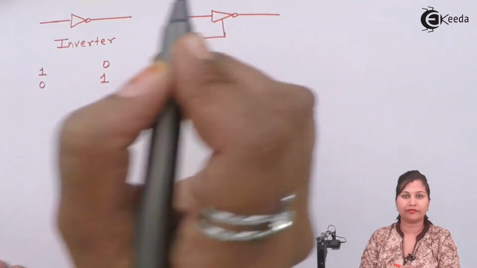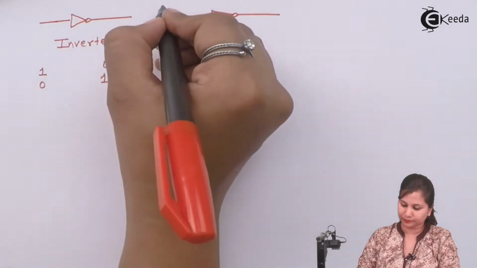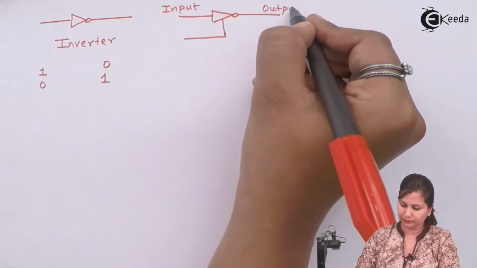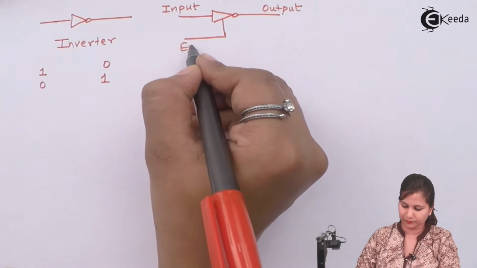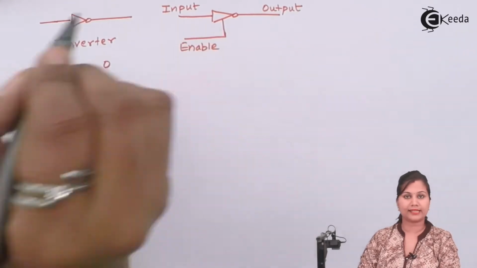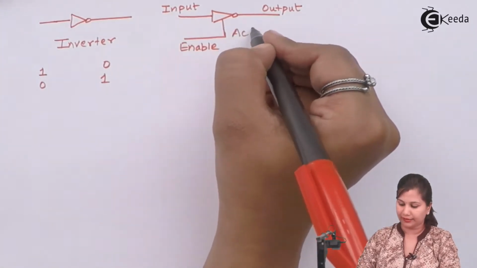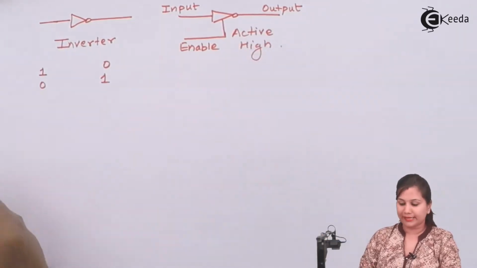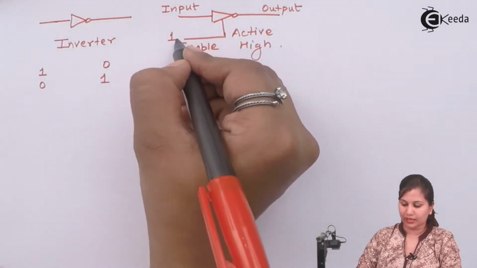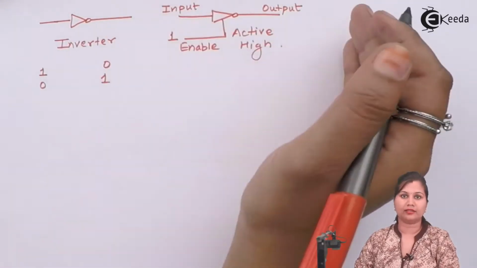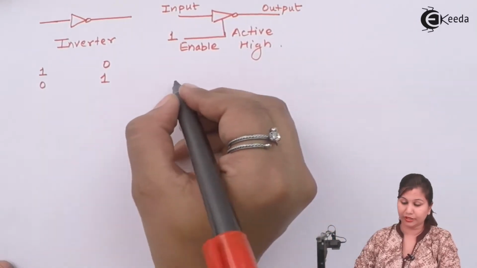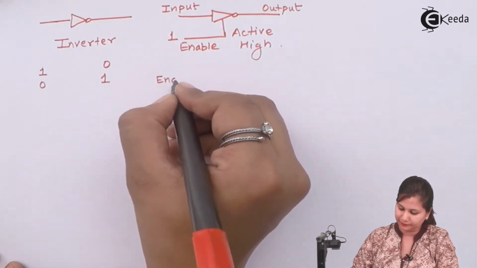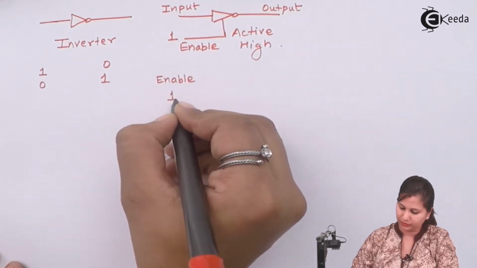then it will have the enable line also. And in this case, the enable line is active high. It means that when this enable line is 1, then we will get the corresponding output. Like if we draw the logic table, then this enable line is 1.